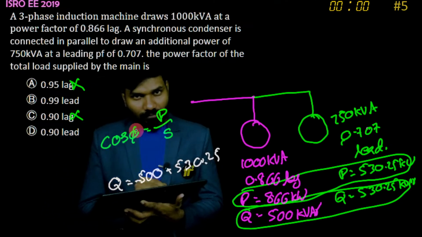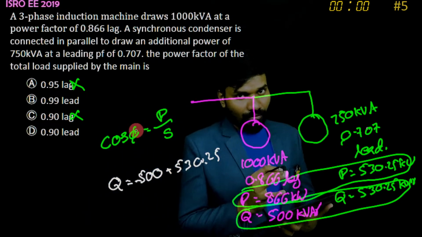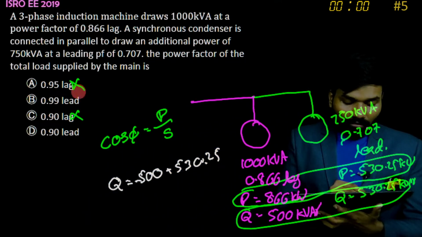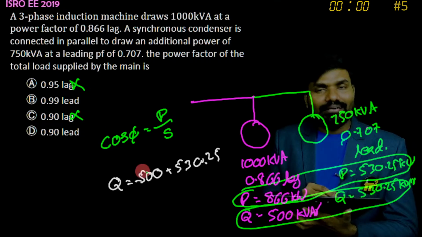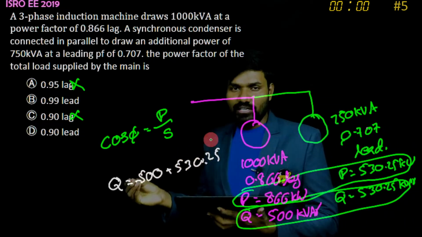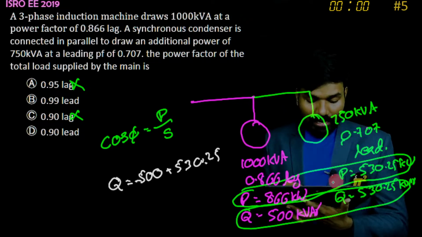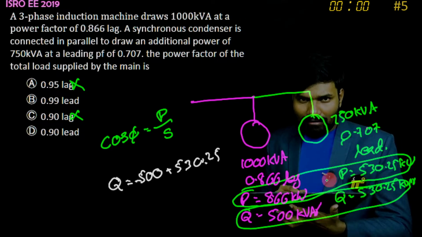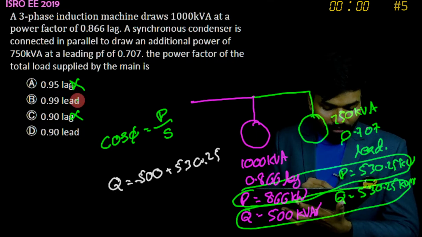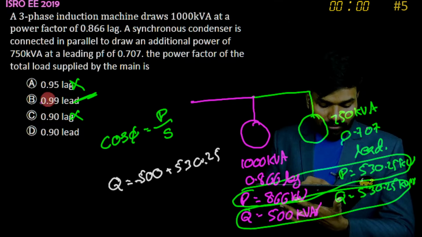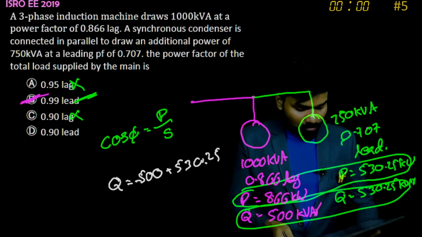But intuitively, the leading is only about 30 kVAR compared to the huge active power, so the power factor will be close to unity. So I would say the answer is B.